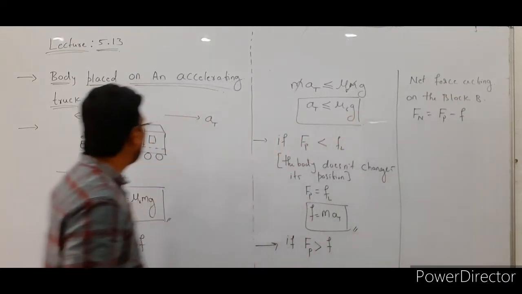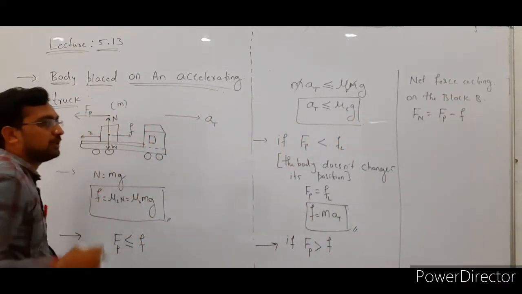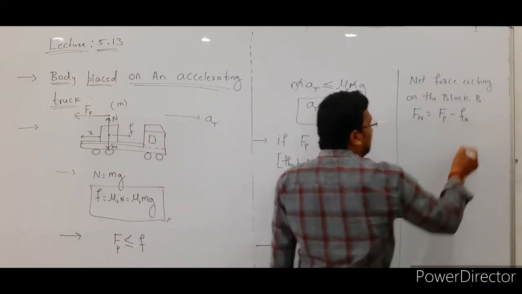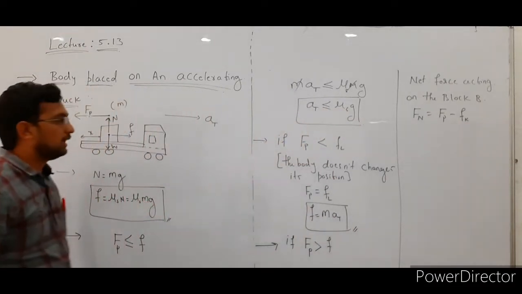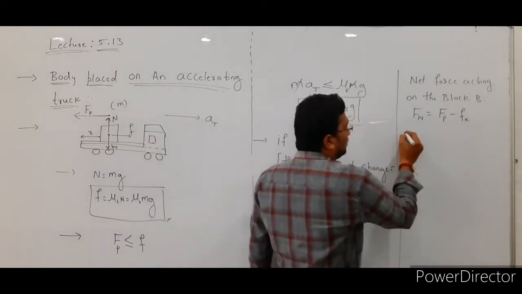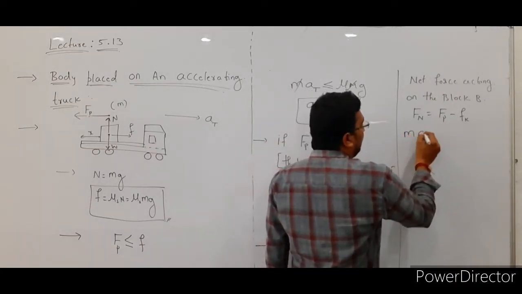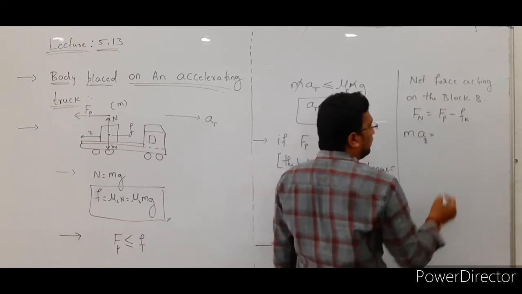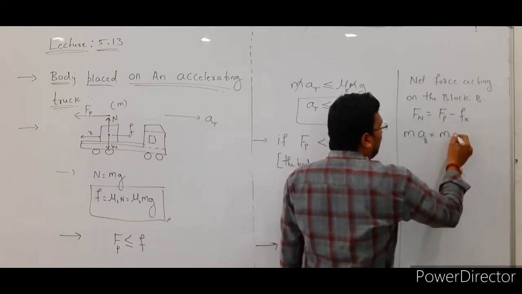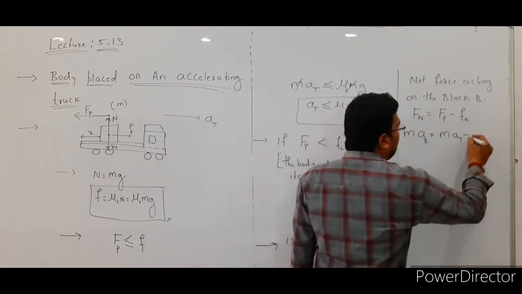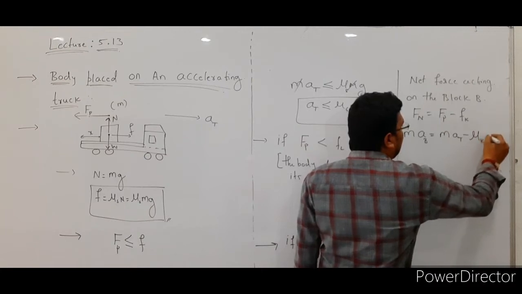So here this block starts sliding on the surface of the truck, so this is the kinetic friction, the friction between the block and the surface of the truck. The net force acting on the block is equal to mass into acceleration of the block. Here A suffix B indicates the acceleration of the block, and the pseudo force is nothing but mass into acceleration of the truck minus the kinetic friction, which is mu suffix k into m into g.